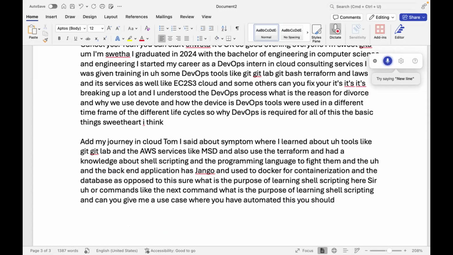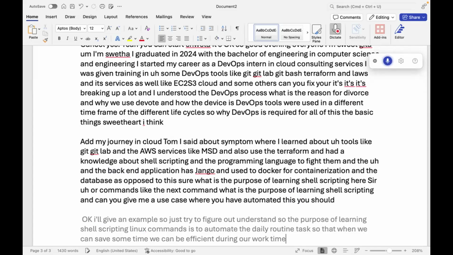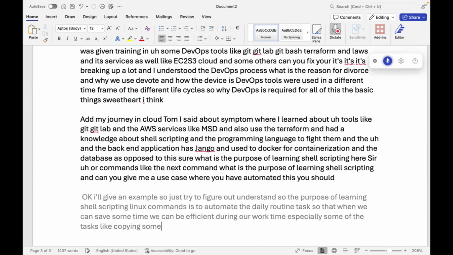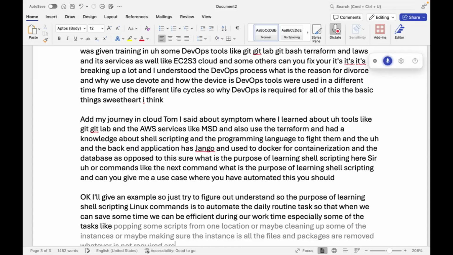Okay, I'll give an example. So just try to understand. The purpose of learning shell scripting and Linux commands is to automate daily routine tasks so that we can save time and be efficient during our work time. Especially tasks like copying scripts from one location, or cleaning up instances, making sure all the files and packages that are not required are removed, or creating a clean system before we deploy an application.